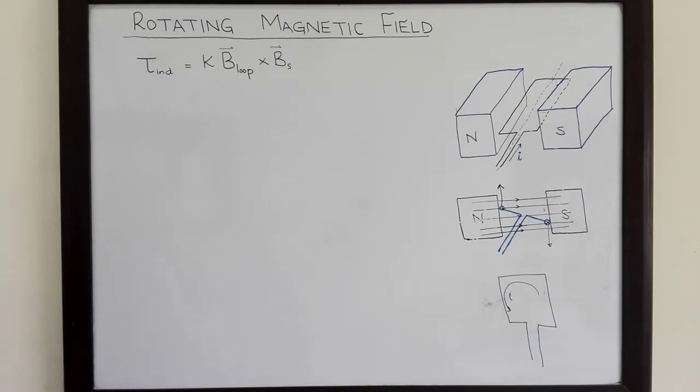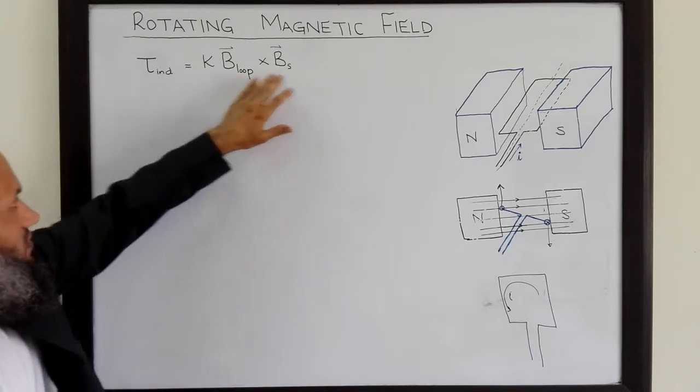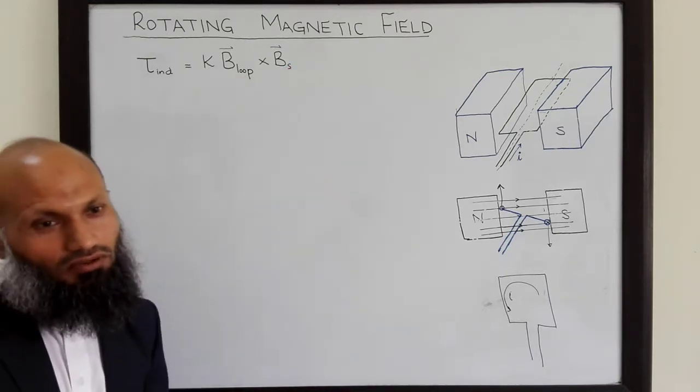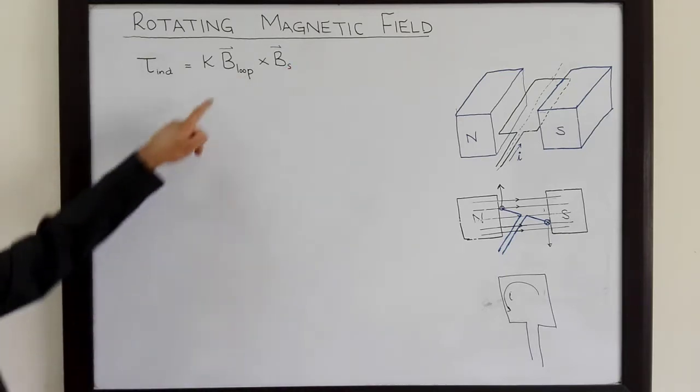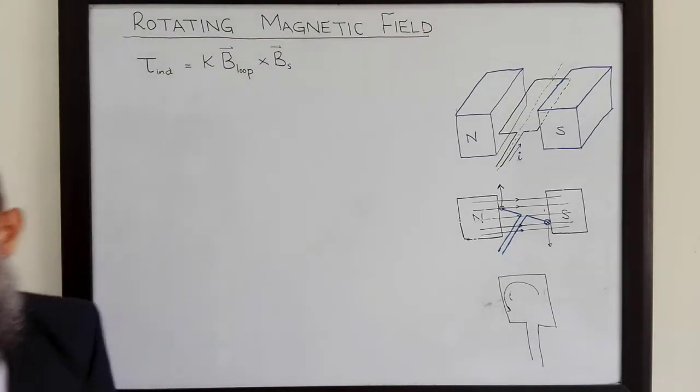What we see is that this induced torque will be maximum when these two vectors are perpendicular to each other, that is, the angle between these two vectors is 90 degrees.